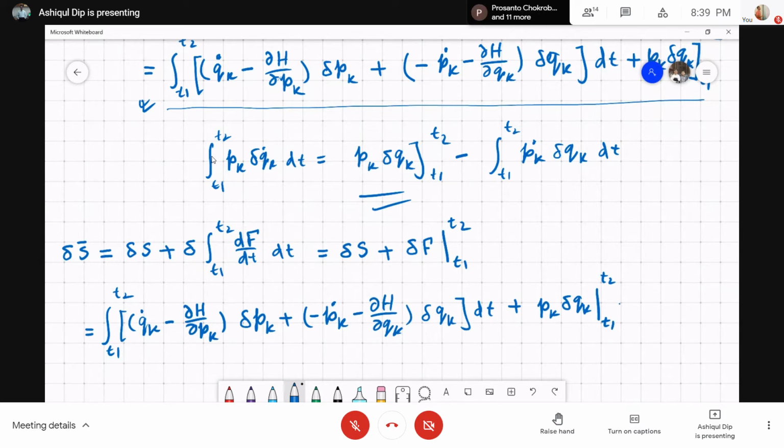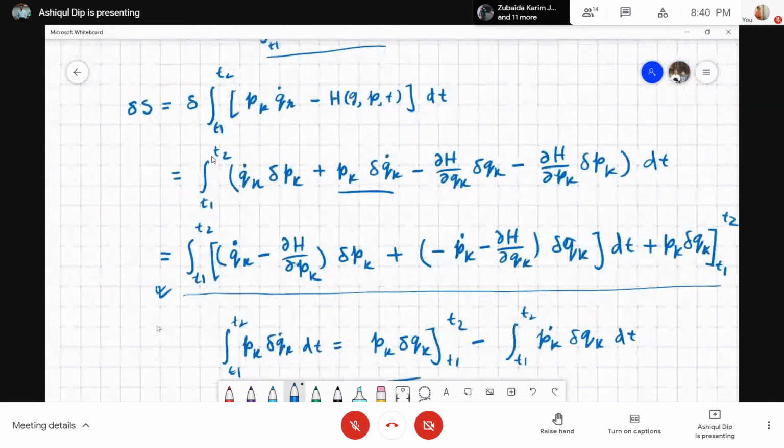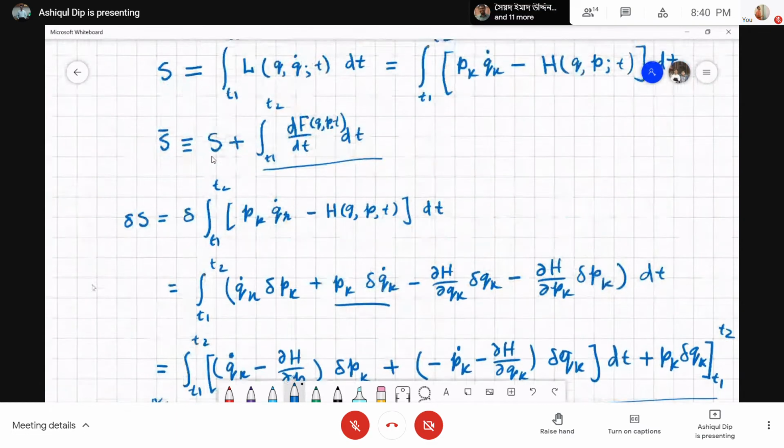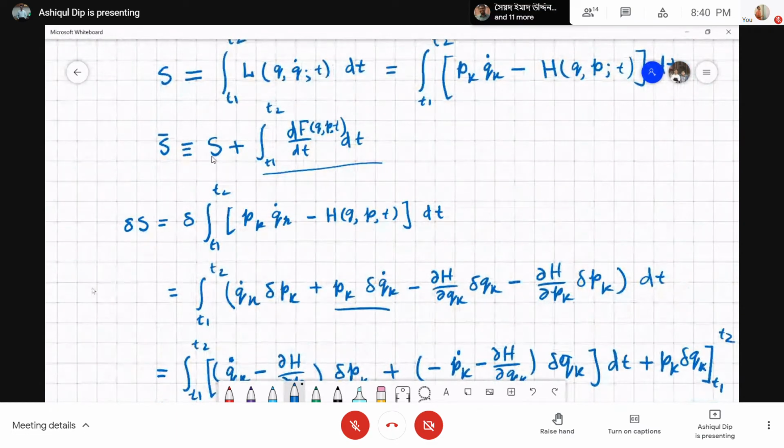So plus f. Actually, I have a shift of notation here. Instead of adding this term, I should have subtracted something. I wanted a minus term, that would be convenient. Is that okay with you guys? So instead, we are considering the variation of f at T1 and T2. I just want to make a shift of notation. It's nothing more, you can redefine your f and absorb this minus sign.